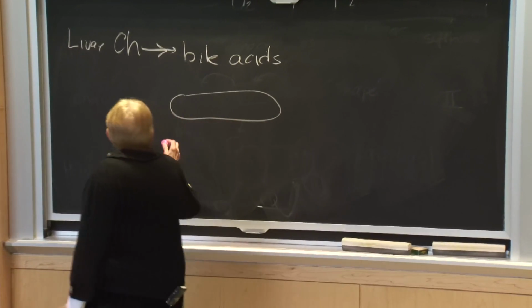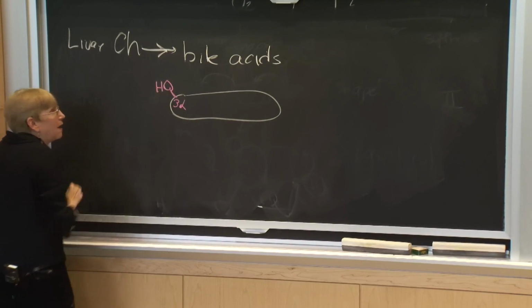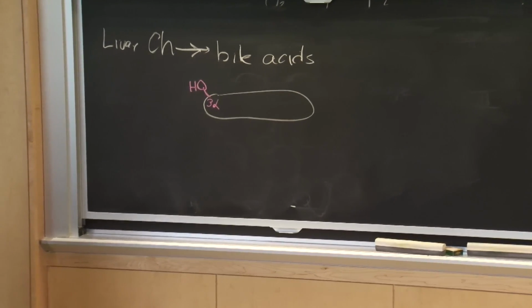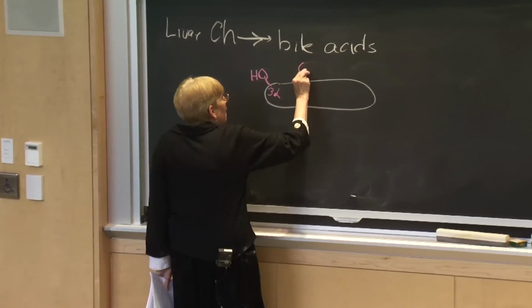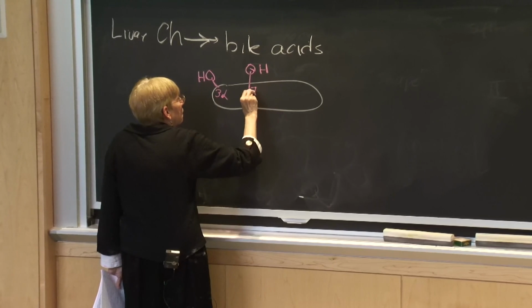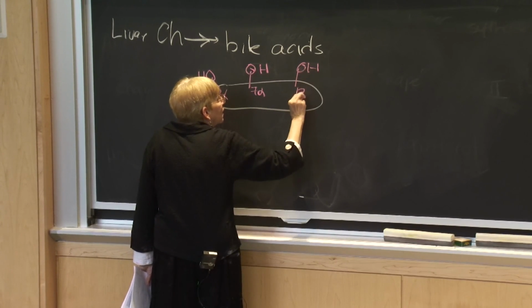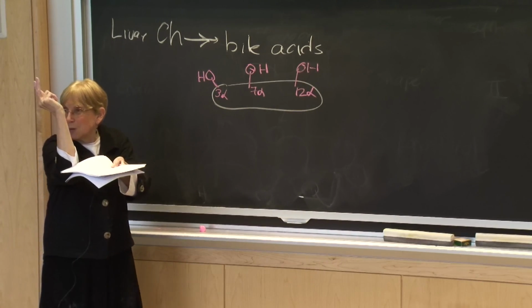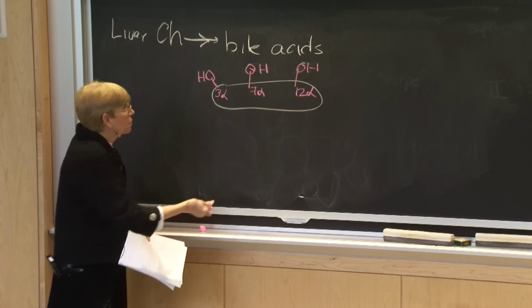So in cholesterol, we have a 3-alpha hydroxyl group. In the bile acids, you have 2 additional hydroxyl groups put on, again, by cytochrome P450s. So you have a hydroxyl group at C7, you have a hydroxyl group at 12, and alpha simply means the stereochemistry. So the stereochemistry of the hydroxyl group is on the same face. So that's what I mean here.